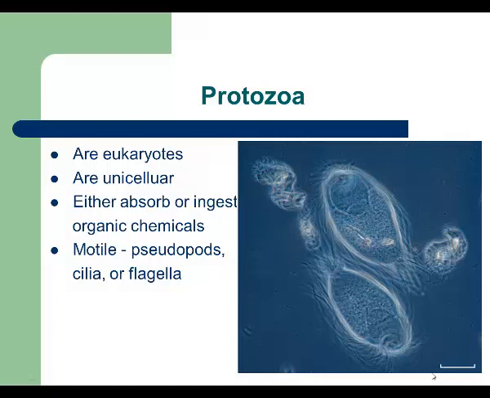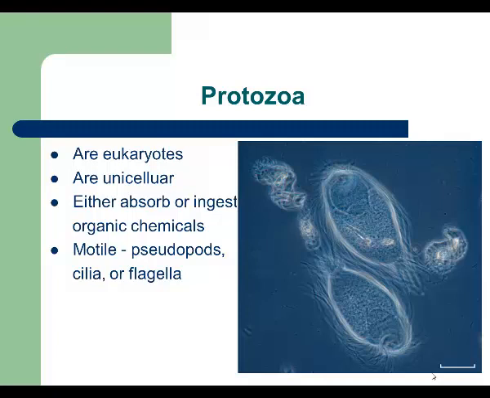Protozoa is the next group. Protozoa are eukaryotes. Also, you have to remember that they are unicellular, one-cell organism. Most protozoa are motile, means can move, and for the movements they can use pseudopods, cilia, or flagella.